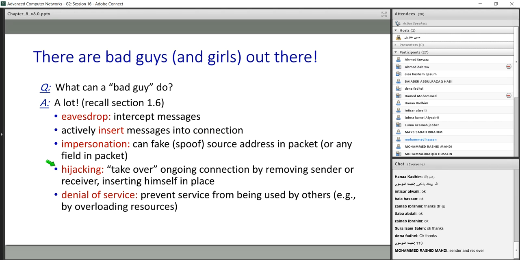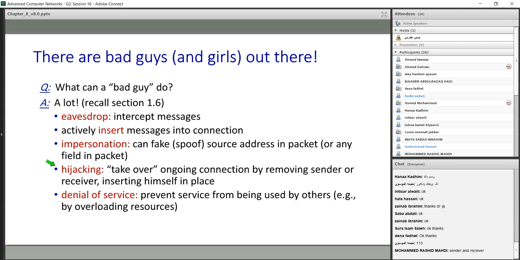Regarding IP spoofing. Maybe the bad guys hijacked my session. It means that they take over my connection with Alice or Bob.